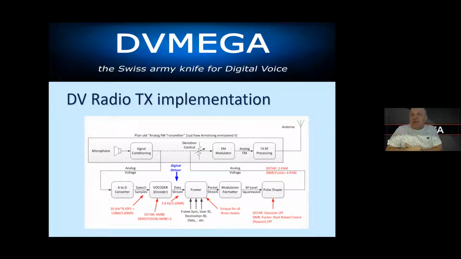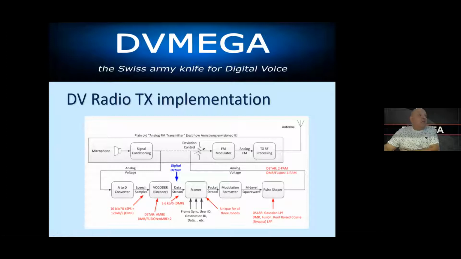Then it goes into a modulation formatter, a pulse shaper, so it becomes a GMSK or 4FSK signal, but I come back to the signals later. Then it goes into the FM modulator and it is transmitted as an analog RF signal. So in fact, this is the addition to an analog radio to make it digital.